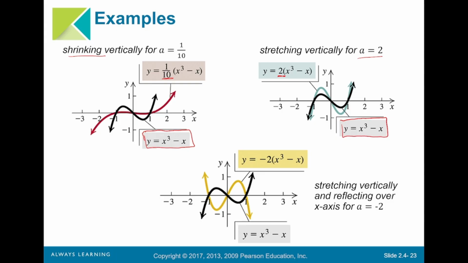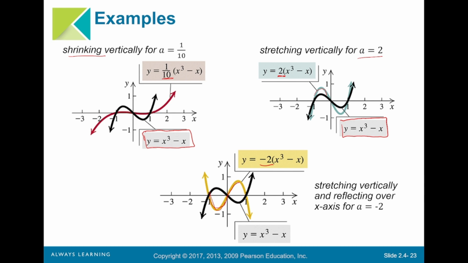Now we could also multiply by a negative. Instead of positive 2, we could have negative 2, which gives us the same vertical stretch as before. But now instead of going up in the second quadrant and down in the fourth, we're going down in the third quadrant and up in the first.